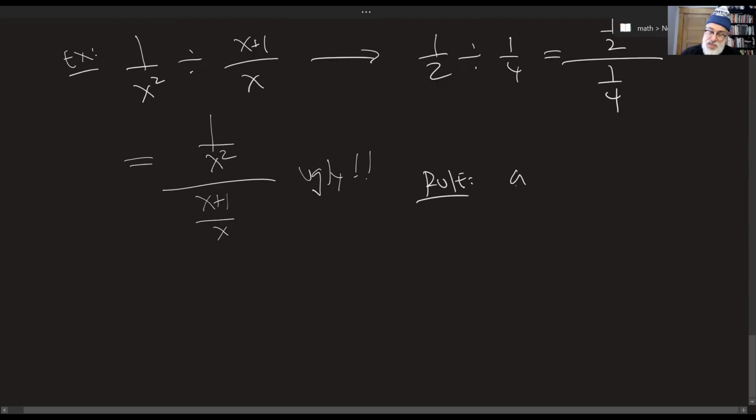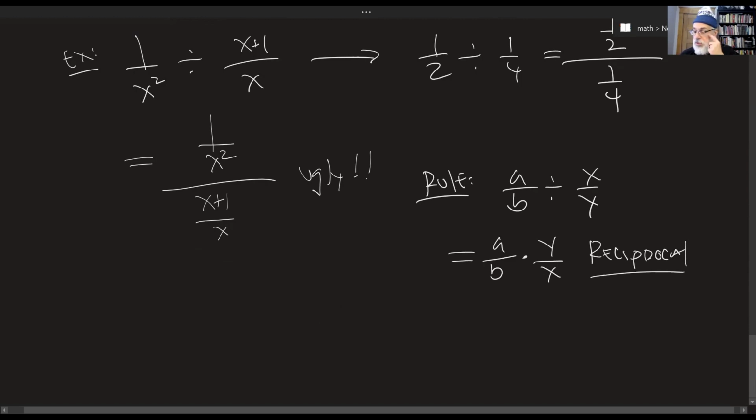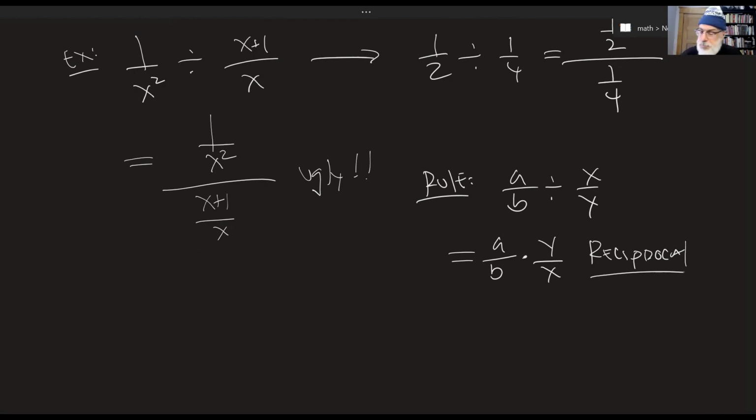If I have, let's say, a over b divided by x over y, and so I'm dividing these two fractions, I can write these as reciprocal multiplication. So I take the reciprocal of x over y, which is y over x. It's basically flipping it upside down.